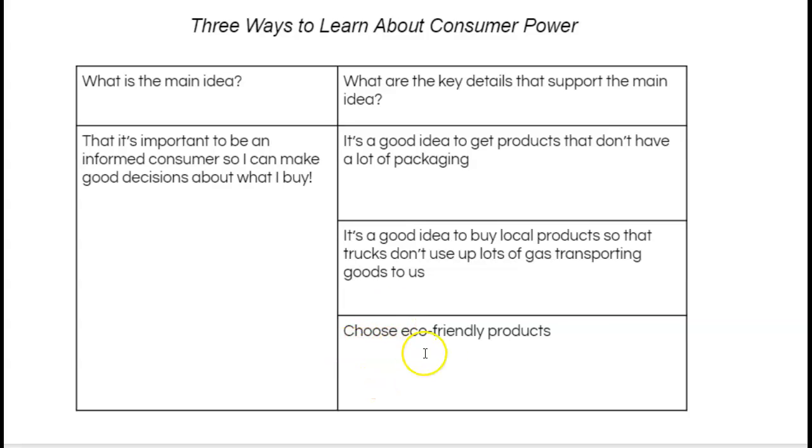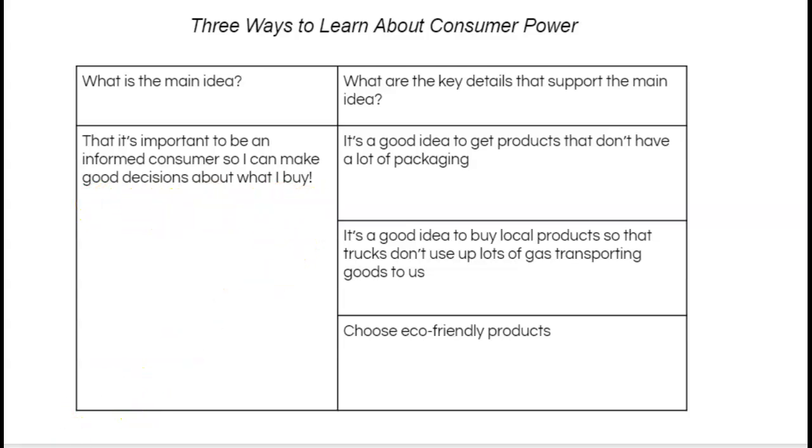Down here it says choose eco-friendly products. The fact that I'm going to choose eco-friendly products means that I have to be informed. I can't just choose them without knowing which ones they are, right? So I'm thinking all of these things tie into this main idea. It's important to be informed, which also means smart and able to make good decisions, consumer, so I can make good decisions about things that I buy.